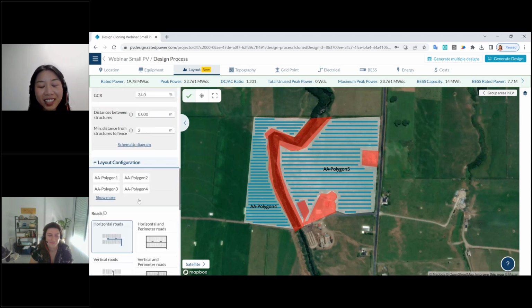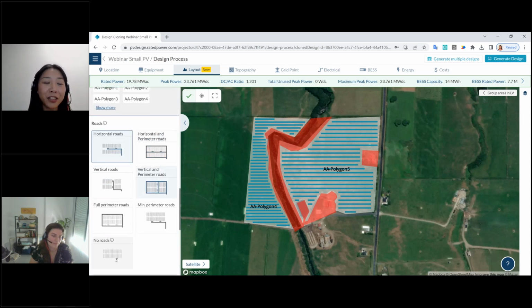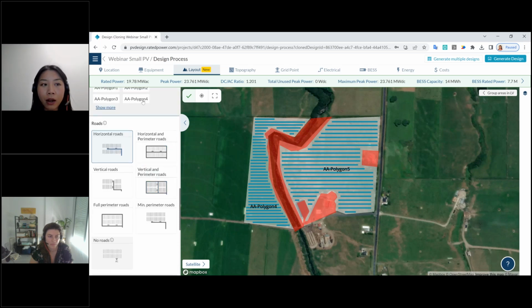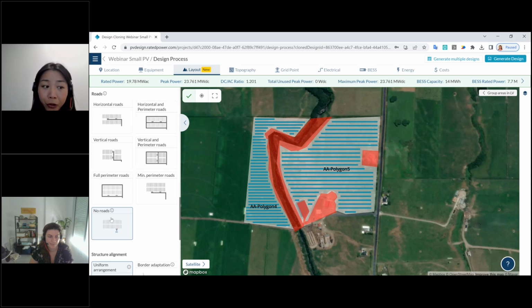And then we have another new feature that's released last month, also dedicated to smaller size of land, which is with full perimeter road or minimum perimeter road. In this case, for example, for case 4, I'm going to go with another option, no road.